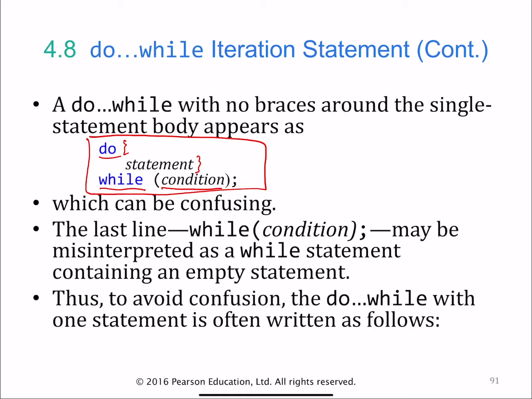There's one small addition over here that you should not forget when using a do while loop, and that is that you have to put a semicolon after the condition that you're checking on the line with the while keyword.